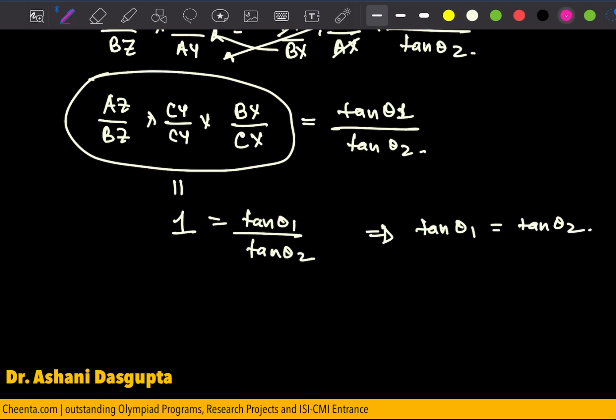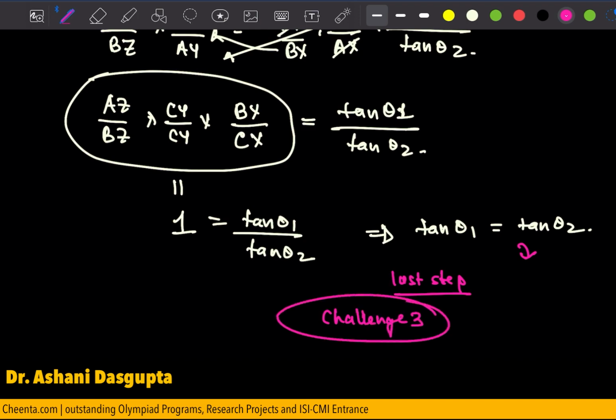This is the last step, and I want the reason in the comment section again. This is challenge 3. I've asked 2 more questions before. Challenge 3 is, why does this line imply that theta 1 equals theta 2? Why is that true? So can you show this in the comment section?